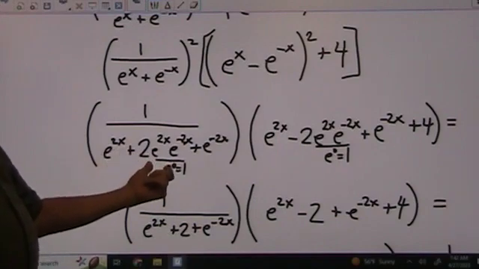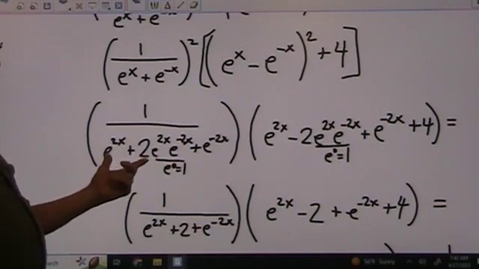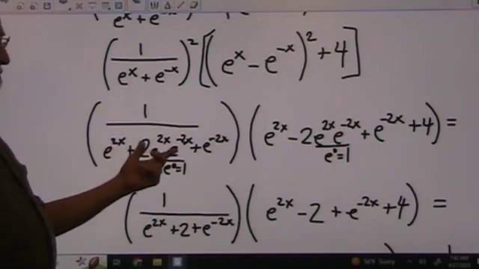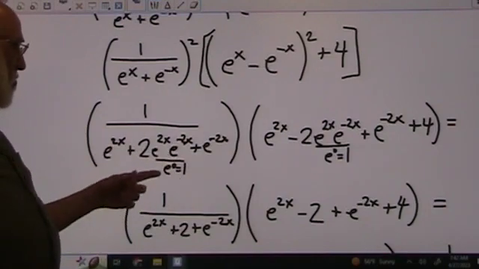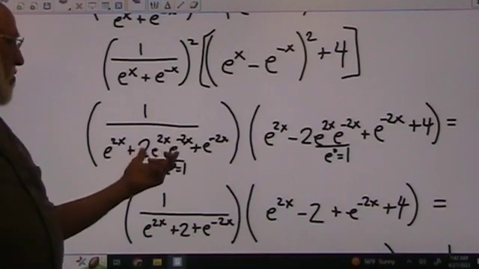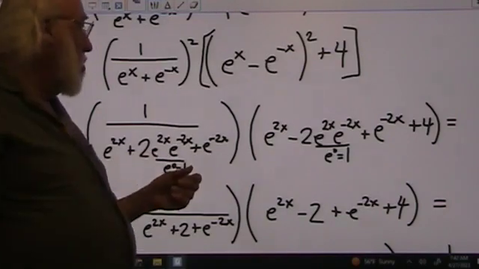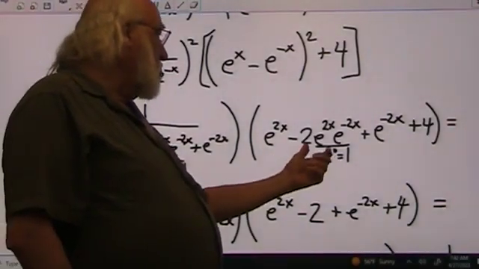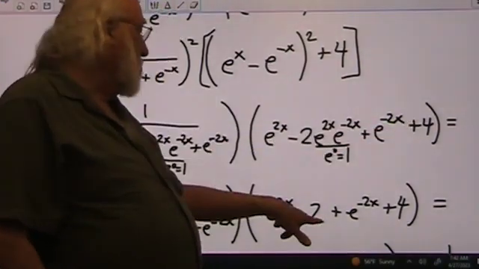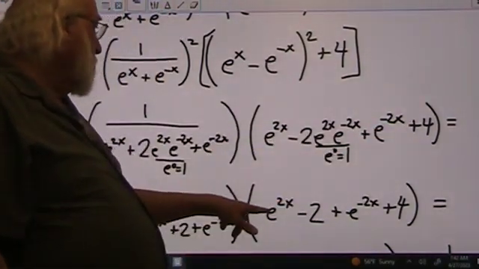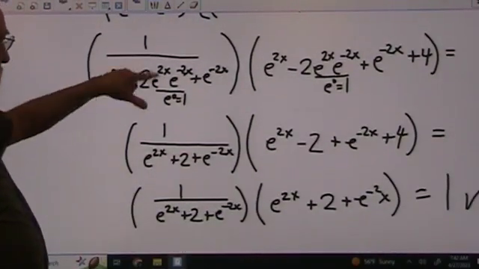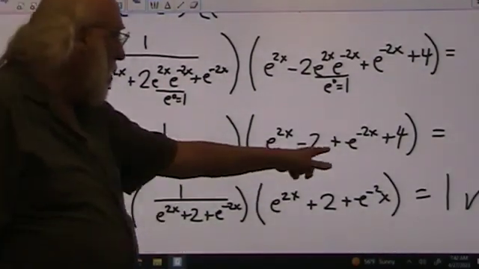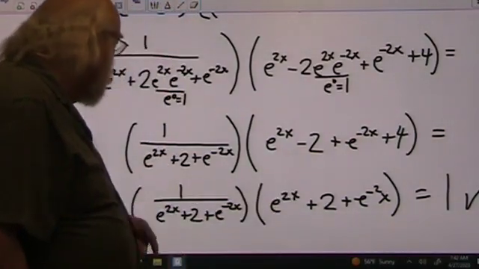And you look at this portion right here, when you do that, you get 2e to the 2x, e to the negative 2x. Remember when you multiply like bases, you're adding exponents, so that gives you e to the 0, which is 1, so that just gives you 2 there. Over here, same thing, this gives you a negative 2, plus 4, and when you add these two together there, you get 2.